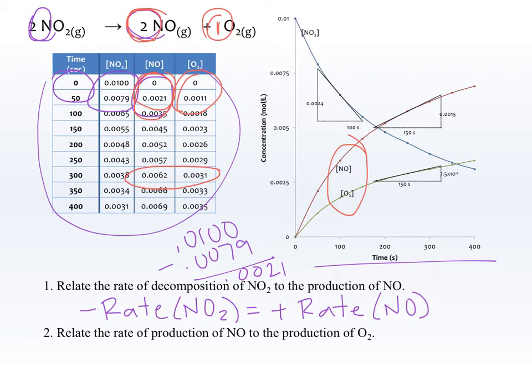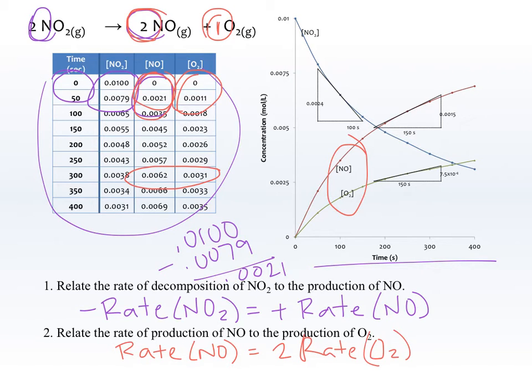O2 is produced half as fast as the NO is produced. And so for that statement on number 2, you can say O2 is produced half as fast, or NO is produced twice as fast as oxygen. Or you can write mathematically saying that the rate of NO produced is twice the rate of oxygen produced.